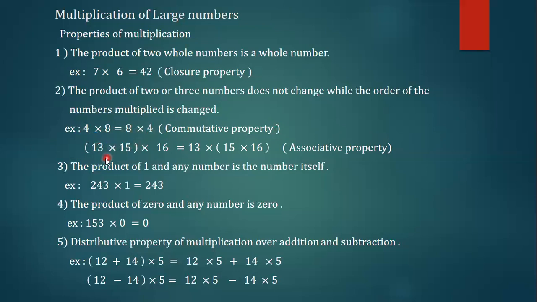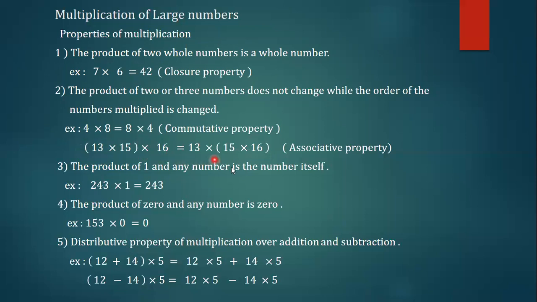If it is more than two, now if it is three numbers, that is called associative property. Example for associative property: 13 into 15 into 16. First I'm multiplying 13 into 15, then I'll multiply with 16.